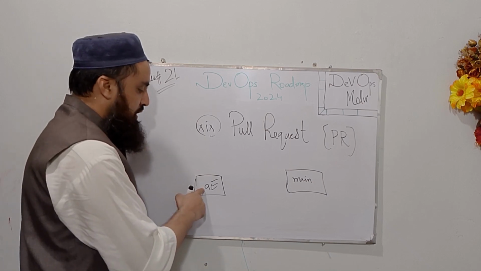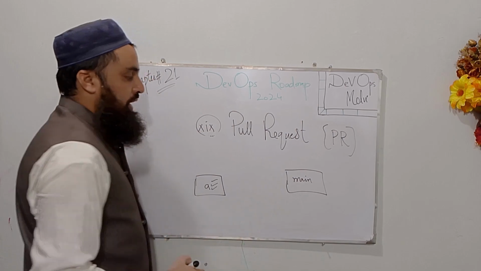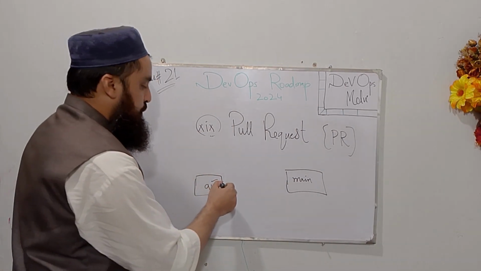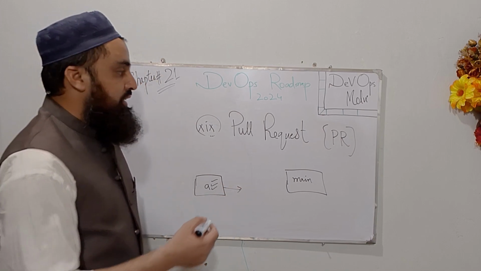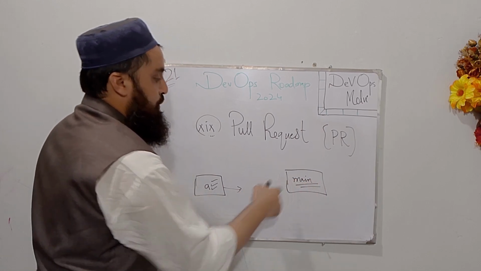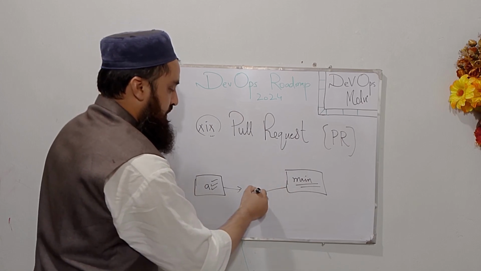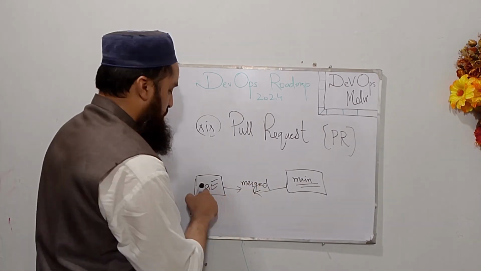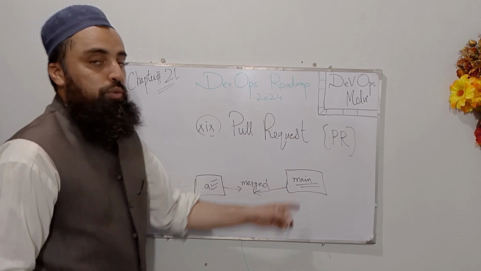Now I want to merge the changes in that branch into the main branch and I don't have access to the main branch. So I will initiate a PR, and the person who has access to the main branch will accept this pull request and the branch will be merged. The changes in that branch will be copied into the main branch.